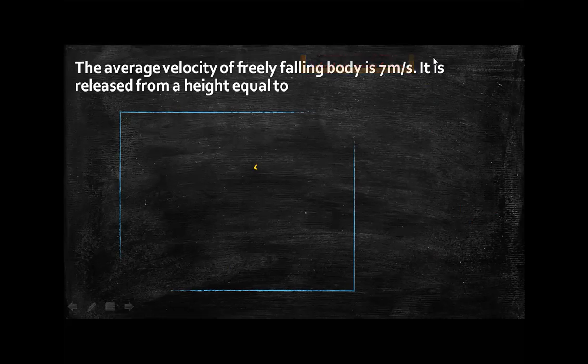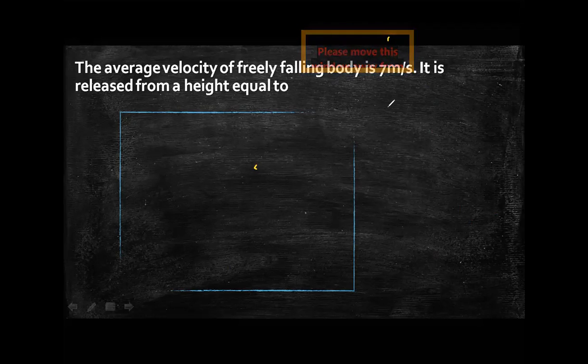So what is this problem here? Another problem is given here. The average velocity of a freely falling body. Can you see this? 7 meters per second.